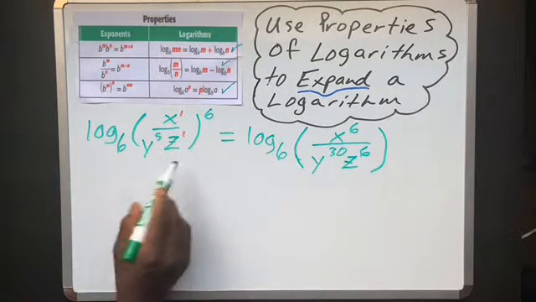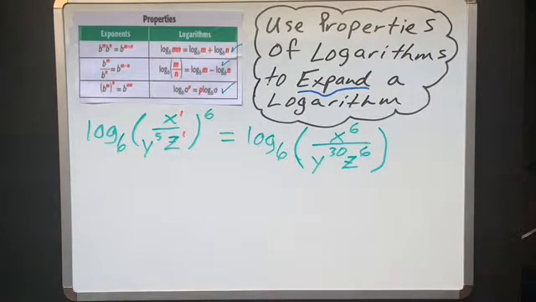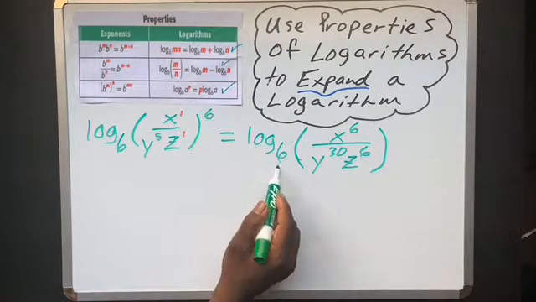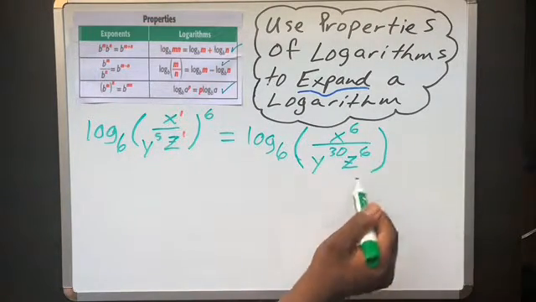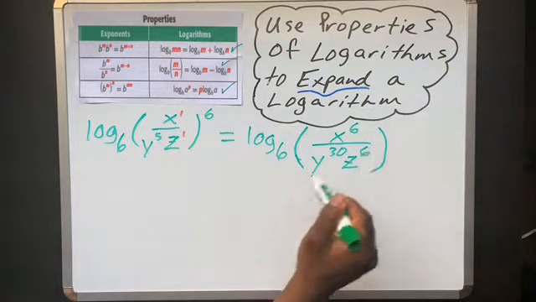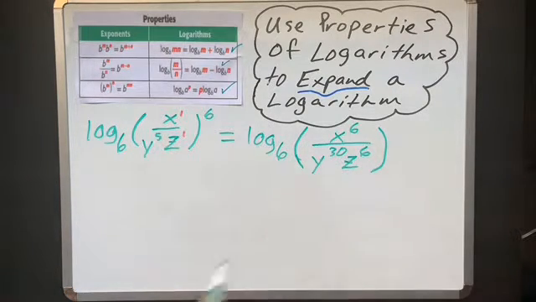All right, so we simplified this and rewrote it. Now we have log base 6 of x to the 6th over y to the 30th times z to the 6th.